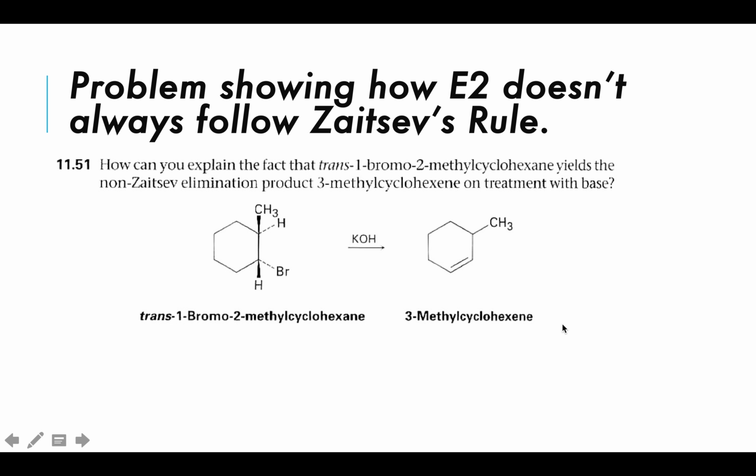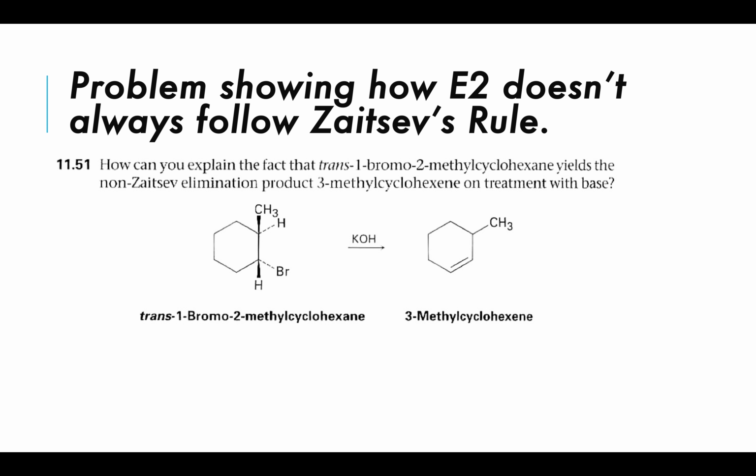Okay? Now, here's an example of a problem that shows that E2 doesn't always follow Zaitsev's rule, and that E2 always first looks at the anti-periplanar or the anti-coplanar version. Okay, so I have trans-1-bromo-2-methylcyclohexane. I have a very strong base, potassium hydroxide, and I end up with an alkene.